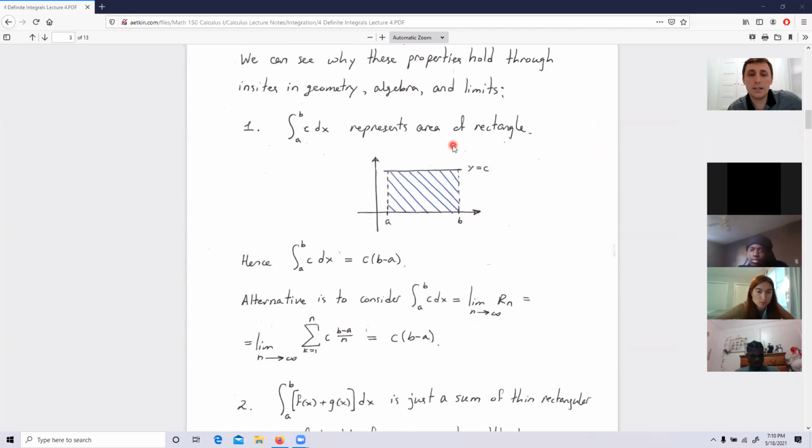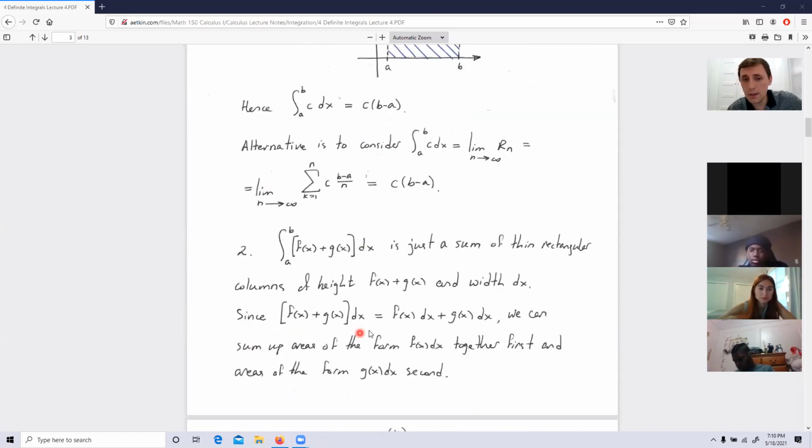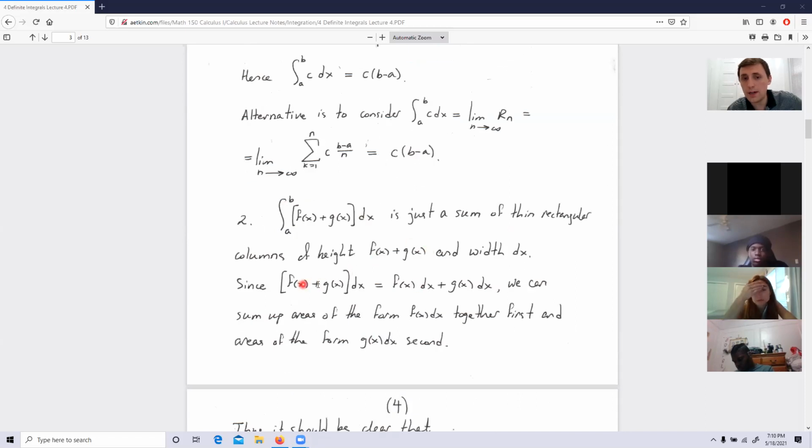Next is, guys, the integral of a sum is the sum of integrals for the very simple reason that, look at it, this integral itself is just adding up things, right? So you're adding things up. Informally, you can think of f of x plus g of x times dx. I can multiply by the dx and I have f of x dx plus g of x dx.